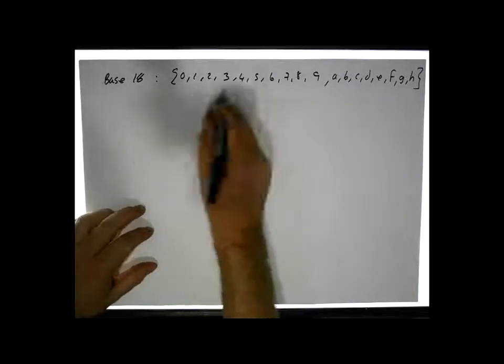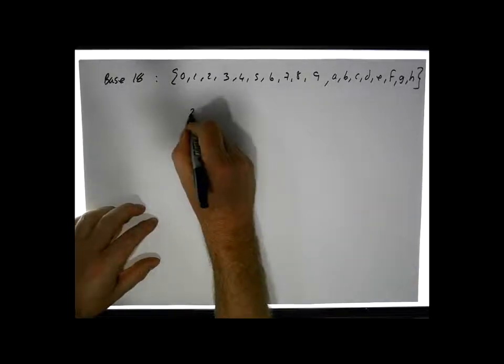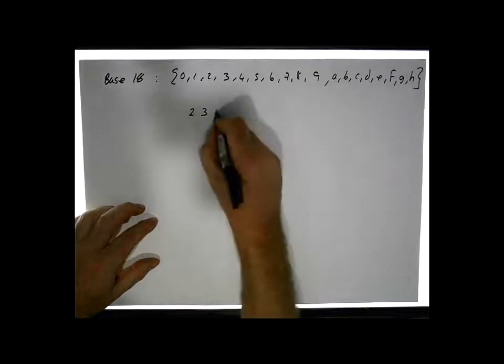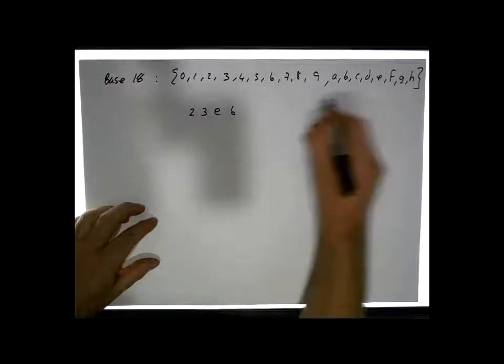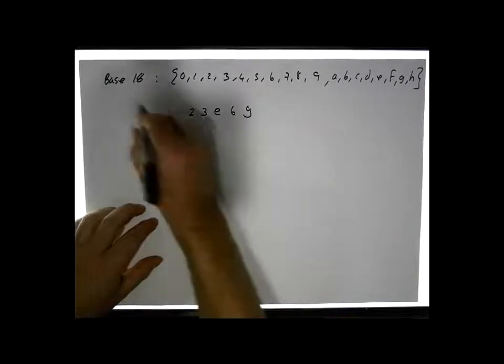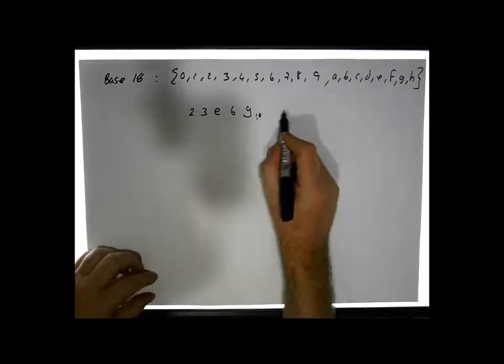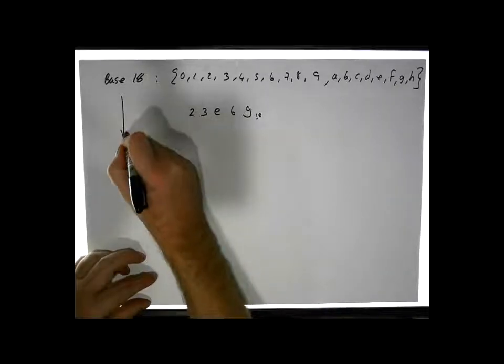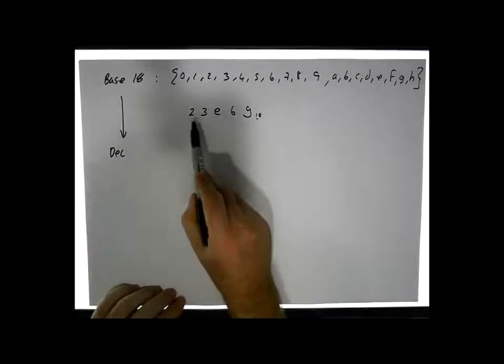Okay, so here's base 18. So just to show you the process again, I can choose any number, any digit. So let's say we have 2, 3, E, 6, and G is the number in base 18. And I want to convert this to decimal. Once again, it's positional. Every digit represents something.